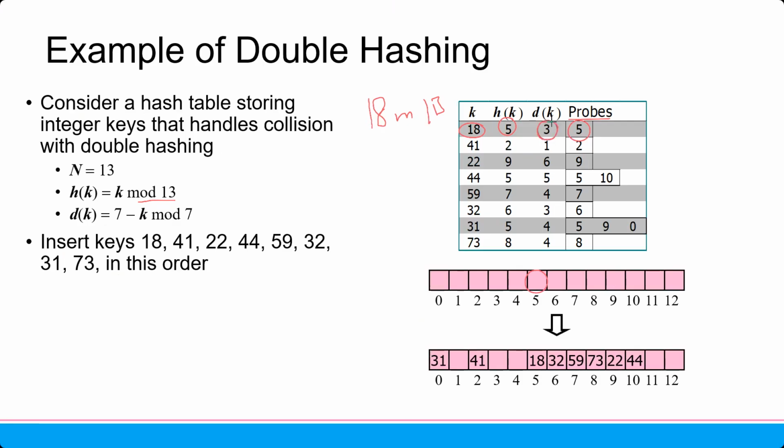We can calculate d(k), but the first function is the priority. If there is no collision, then we will put it in 5. If there is a collision, then we consider the second function.